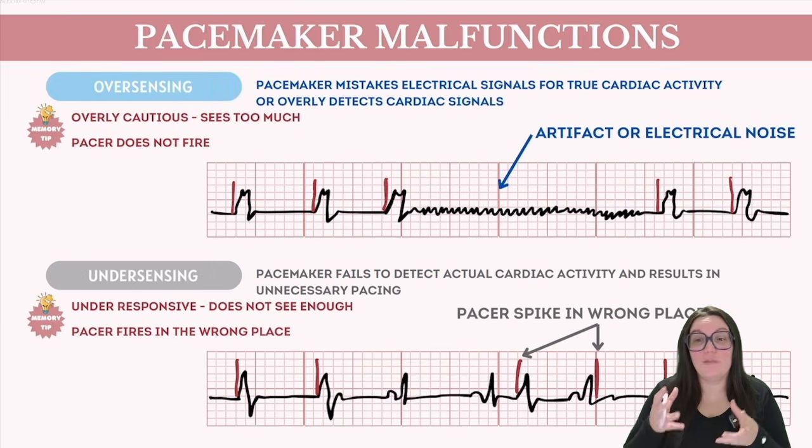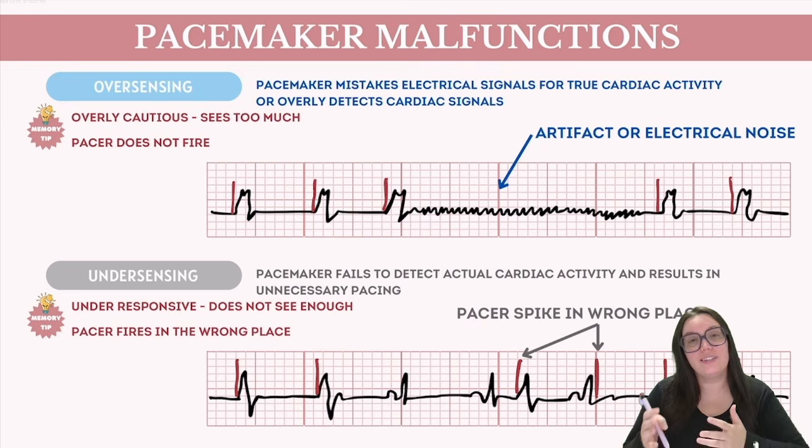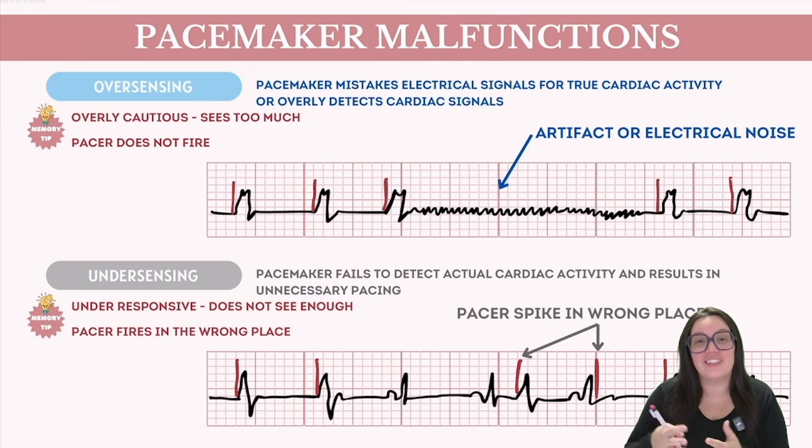And then lastly, we have oversensing and undersensing. And these are two critical phenomena that are related to the performance of cardiac pacemakers, representing opposite problems with how the pacemaker detects cardiac and extracardiac signals. So oversensing occurs when the pacemaker mistakenly detects electrical signals as true cardiac events.